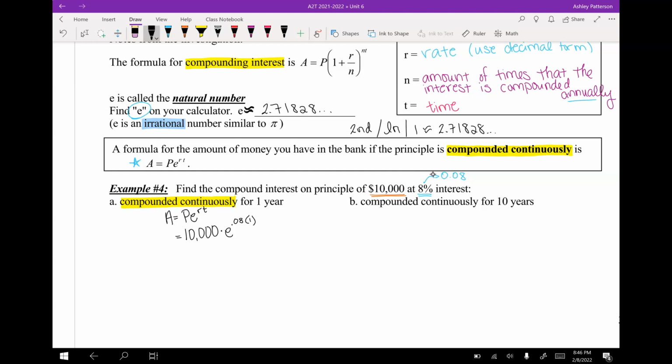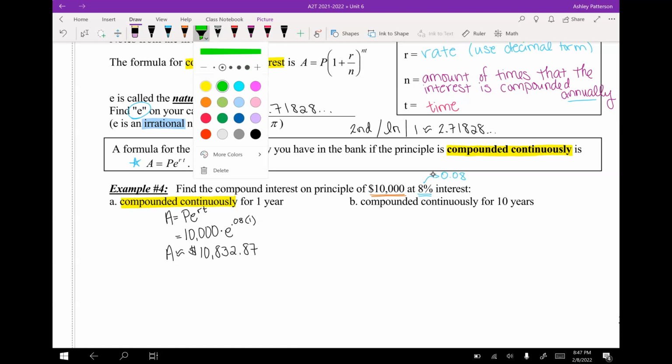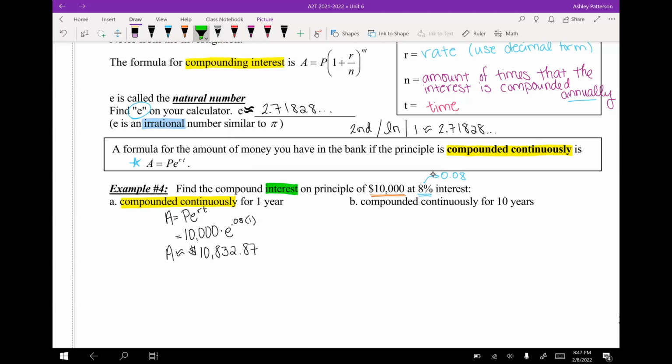And then I'm going to put 0.08 in the exponential spot, giving me my final amount of approximately $10,832.87. But be careful. What are we looking for, everyone? We are looking for the interest.